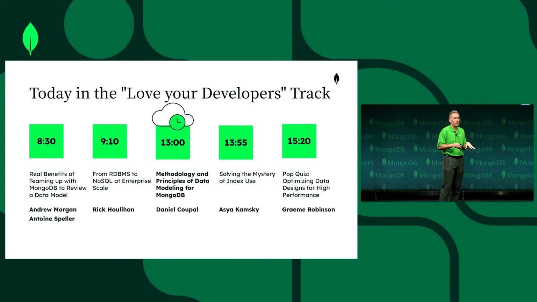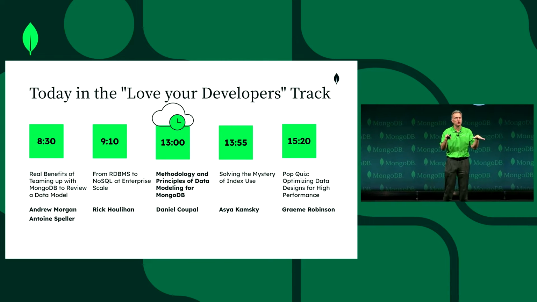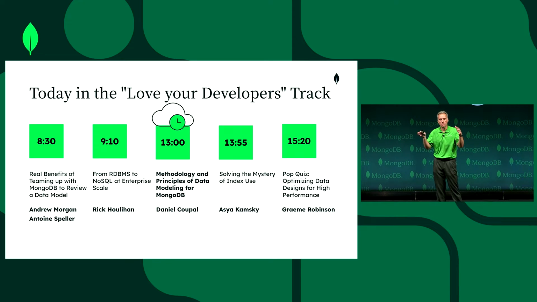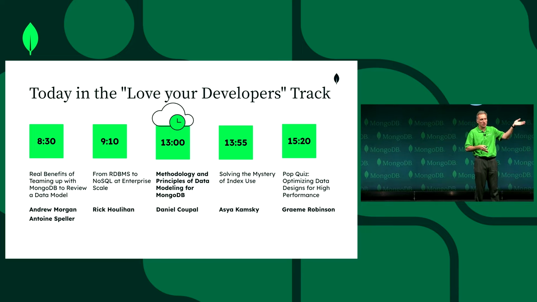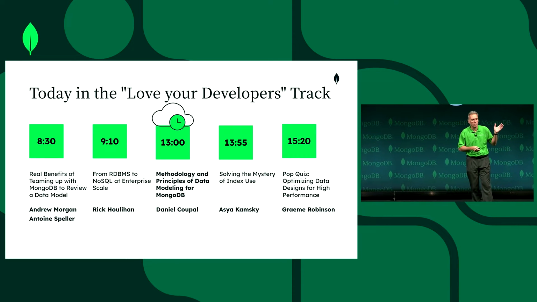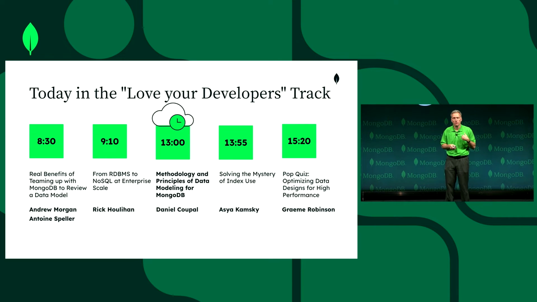Before we go further, I just want to talk to you about all the different talks that are related today. Obviously, it's 1:15 right now, so you're listening to my talk. We had two talks that happened earlier. One was the real benefits of teaming up with MongoDB to review data models from Andrew and our customer, Wells Fargo.